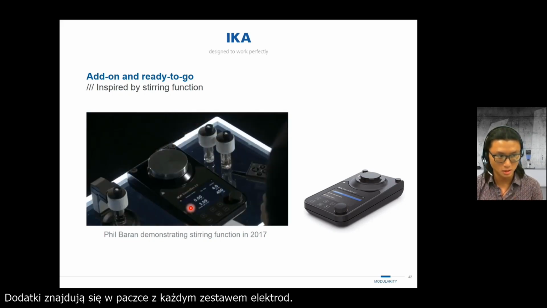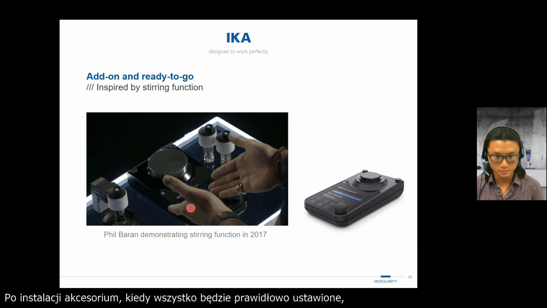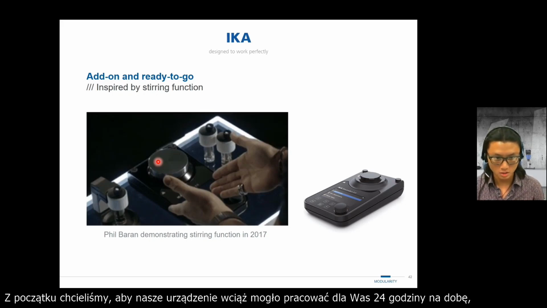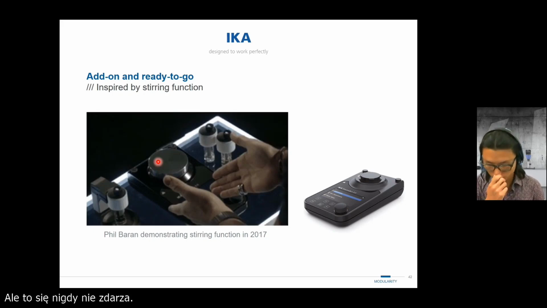This attachment comes with every Electrocyn package. Once you see the screen change after the installation, it functions as a room temperature stir plate. Initially, we had this idea so that in case electrochemistry doesn't work out for you, it can still serve you 24 hours a day, but it's never the case.